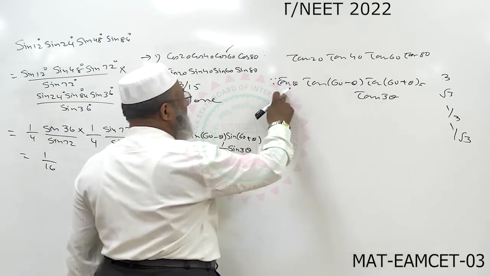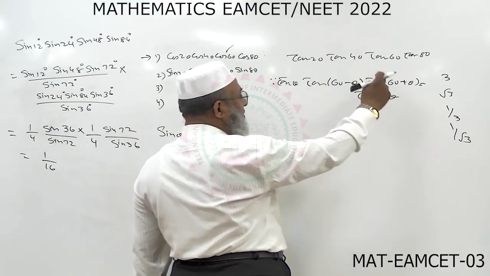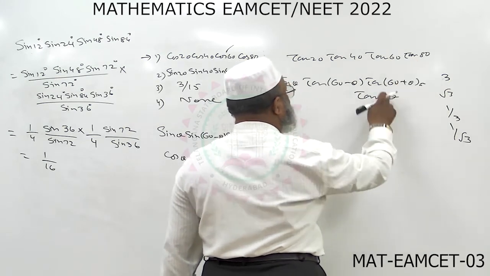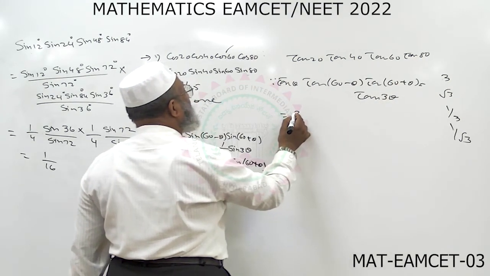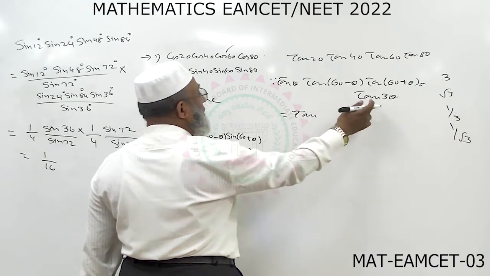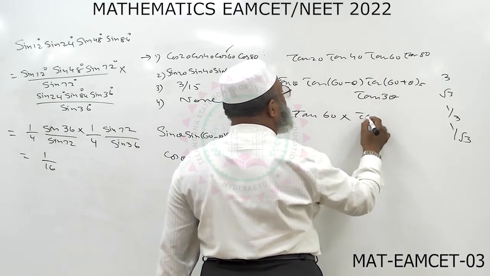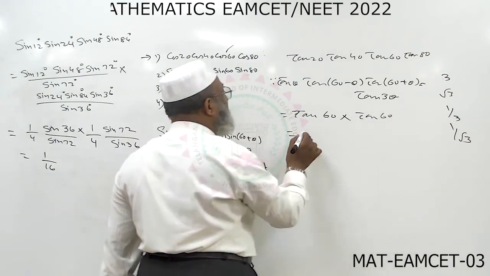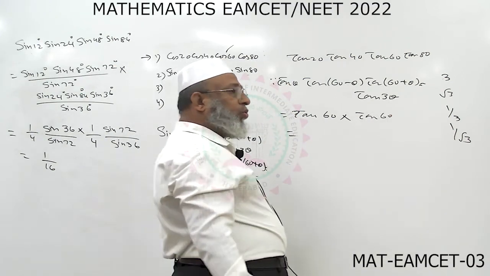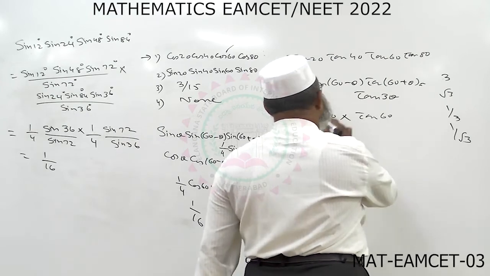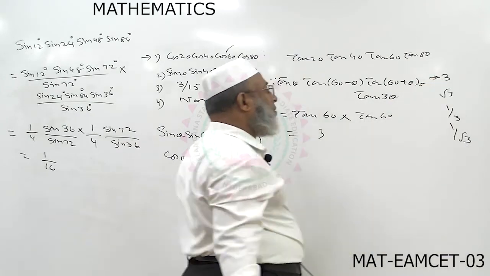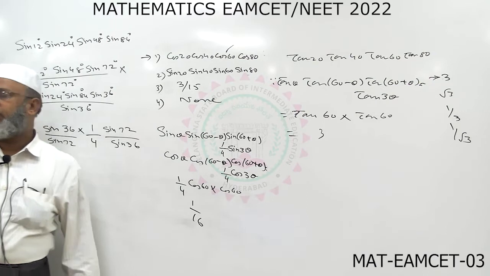So tan theta is this one, 60 minus theta is this one, 60 plus theta is this one. Therefore, the answer is tan of 3 theta. 3 into 20 is 60, and this tan 60 is remaining. That is tan 60, so tan 60 is root 3 into root 3. Therefore, my option is 3.